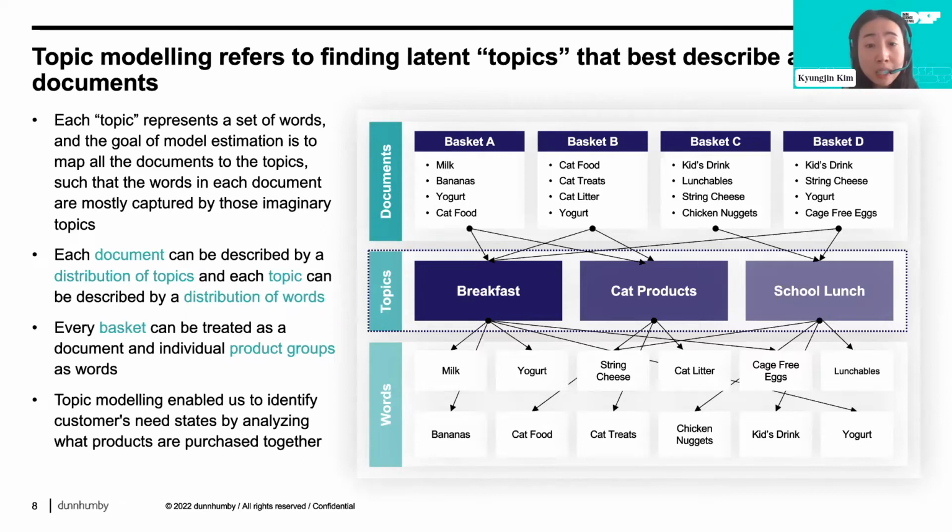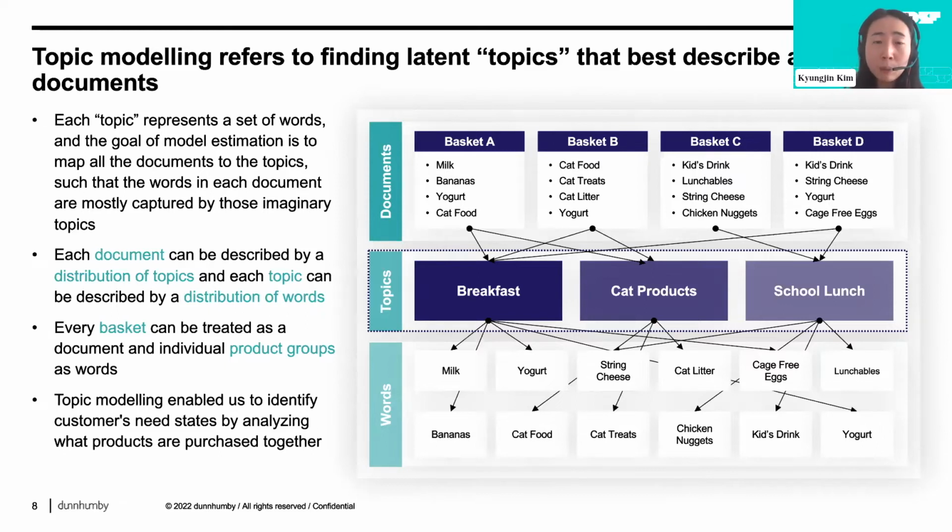So in this example, breakfast needs have high weight on milk, bananas, and yogurt, and cat product needs have high weight on cat-related items such as cat litter, cat treat, and cat food. So after a model is built, each basket can be represented with probabilities of being tagged to each need state that are used as features for clustering in the next step.